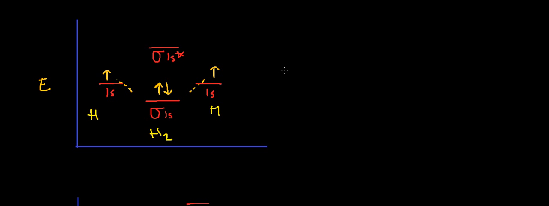But if they have to go up here, this doesn't help bonding because this is a higher energy level. And it's not to say that anytime electrons go in a higher energy level, there will never be a bond. But it will probably be a weaker bond, or it might not happen at all.